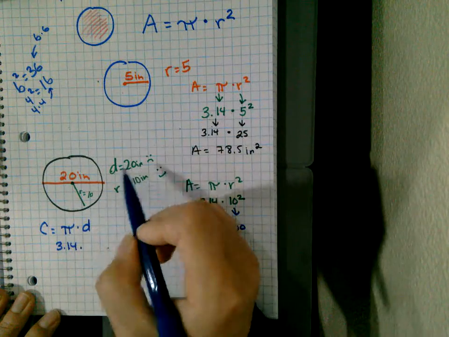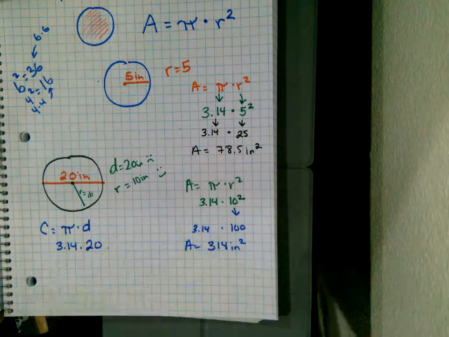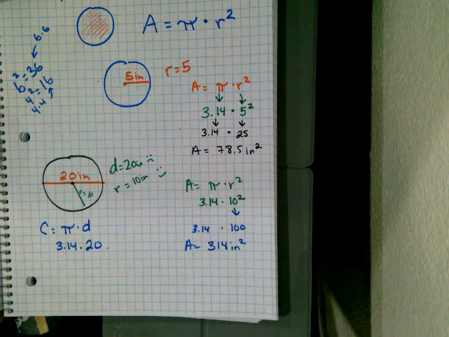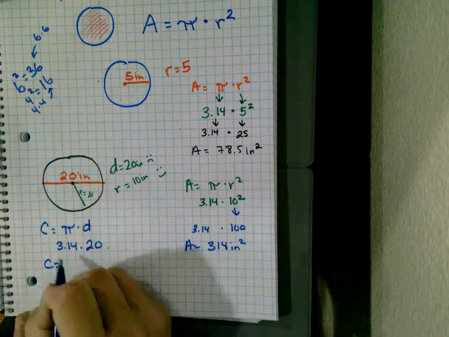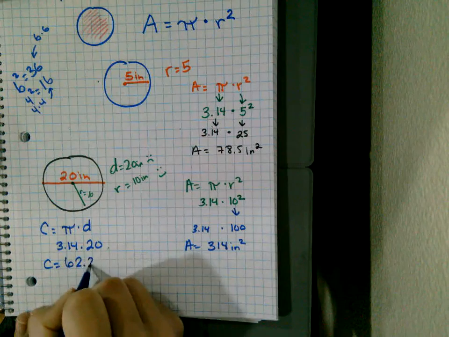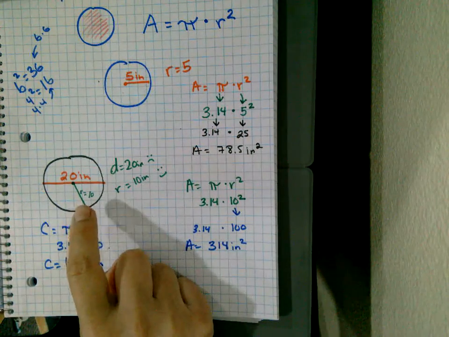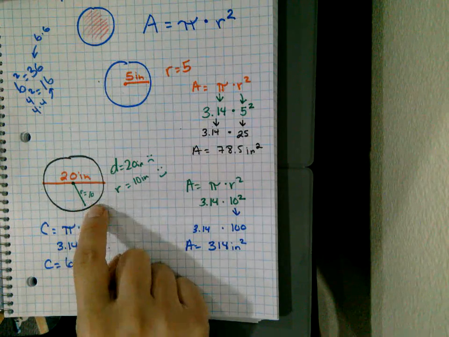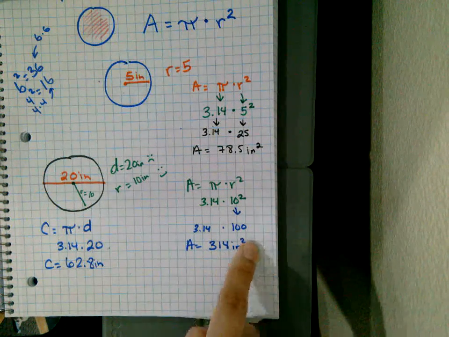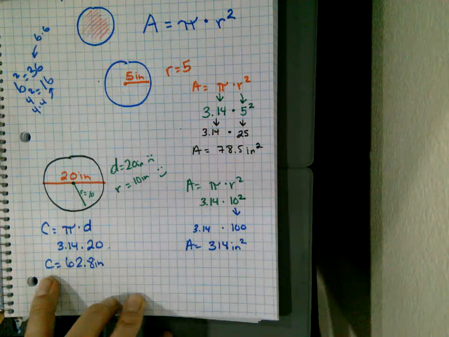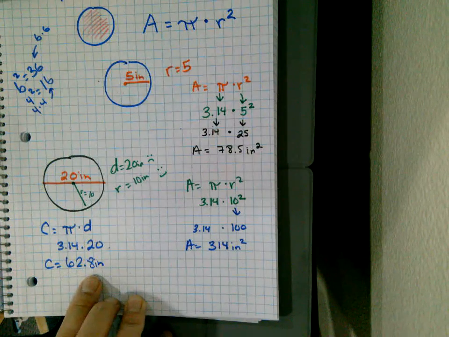Well, I know my diameter is 20, so I multiply it by 20. So this would be 3.14 times 20. So my circumference would be 62.8 inches. So of the same circle, my area is 314 inches squared, and my circumference is 62.8 inches.